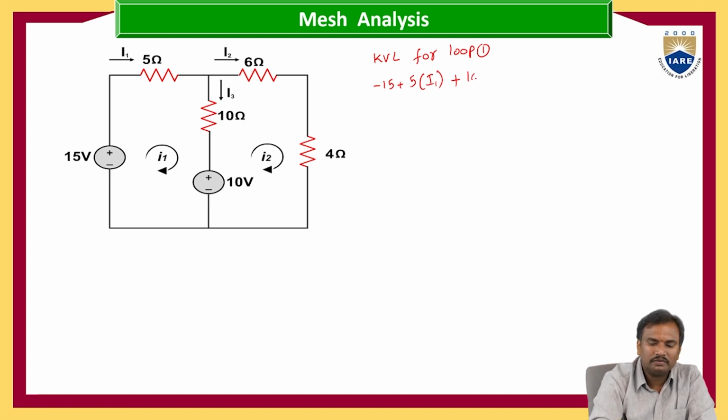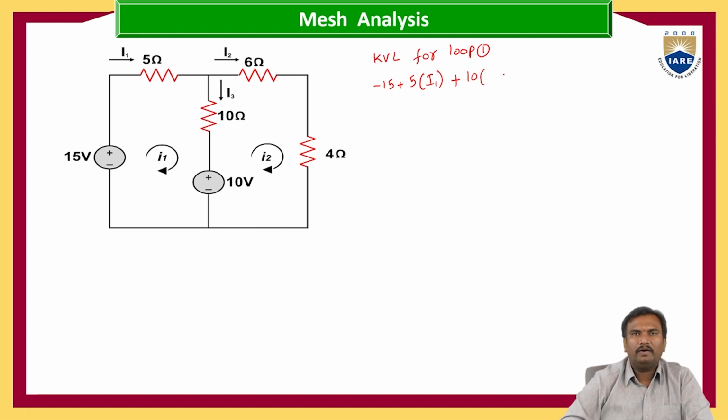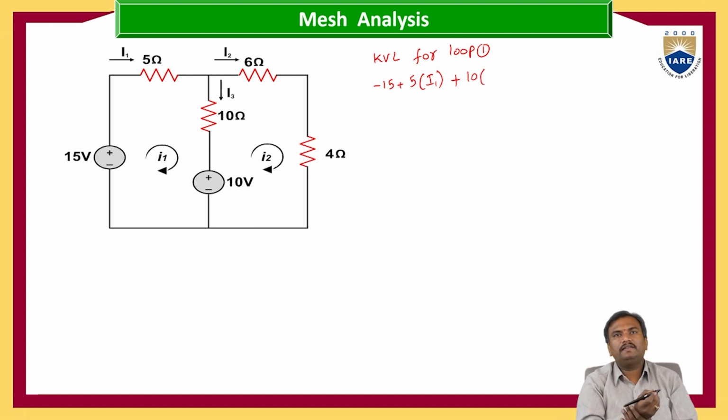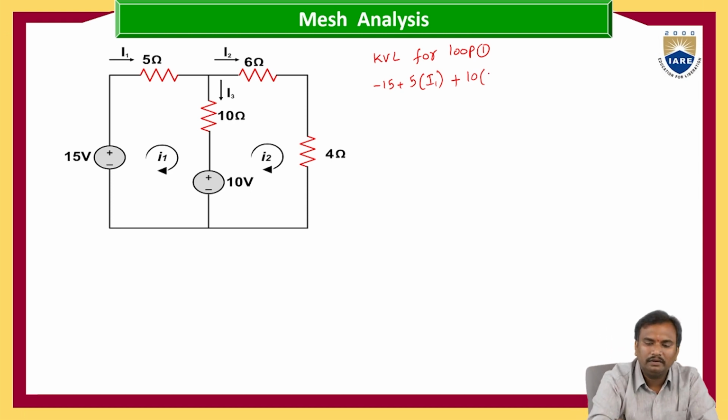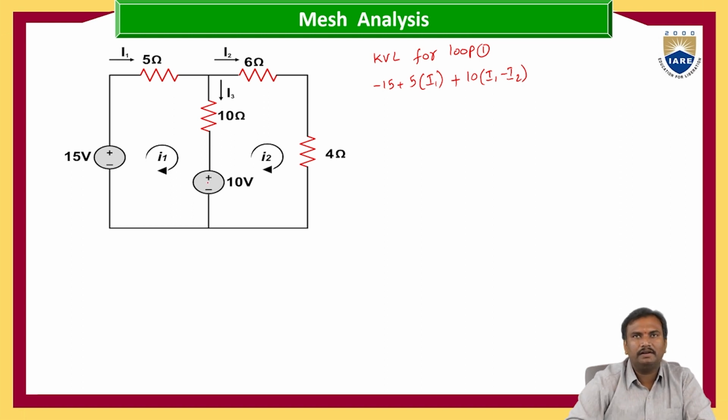So here we have to check the current values. When we are writing the KVL for loop 1, we have to assume that I1 current has higher magnitude. I1 minus I2, that is equals to, so here another element is also there. Another voltage source is present between the two loops.